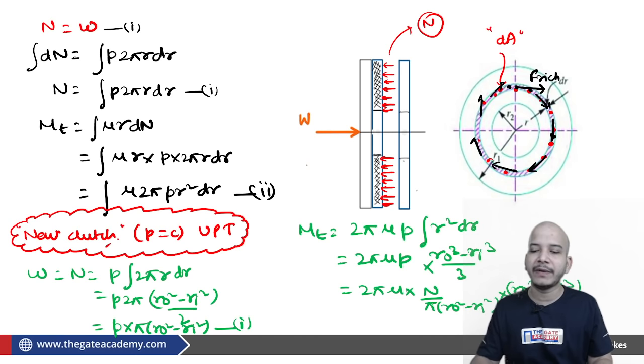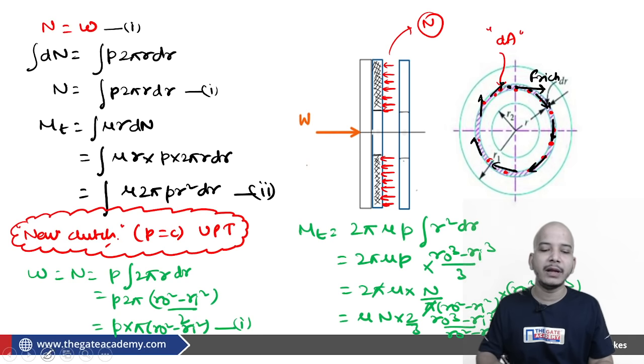On solving this, the pi will get cancelled, and you can write this as mu into N into 2 by 3 into (Ro cube minus Ri cube) upon (Ro square minus Ri square). This formula you have to keep in mind.